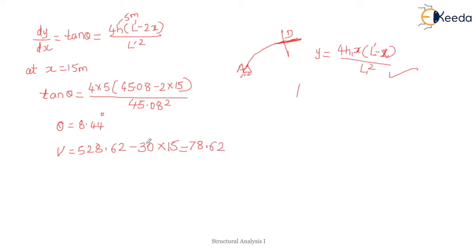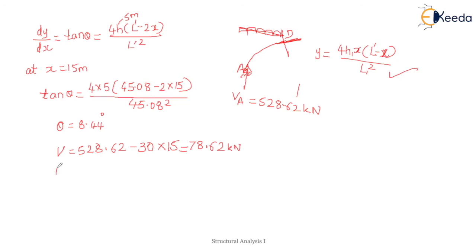See this particular part, this VA we got as 528.62, we already have this answer, and the UDL which was acting at this place was nothing but 30 into 15. One is going upward and one is going downward, so when you do this addition, you will arrive at 78.62 kilonewton. So you get V here.